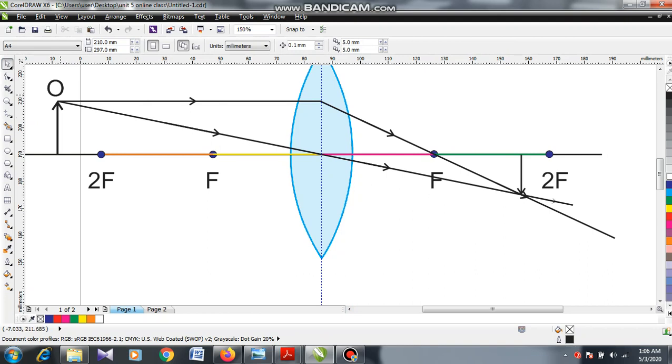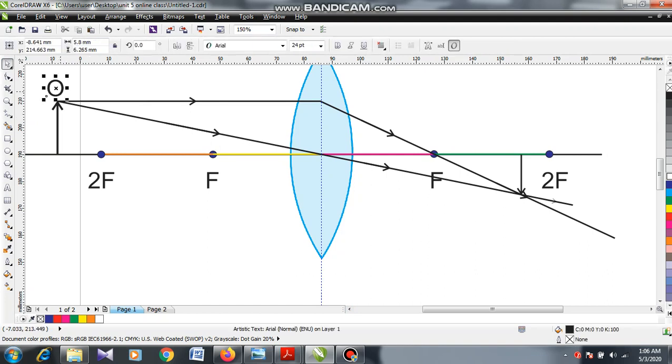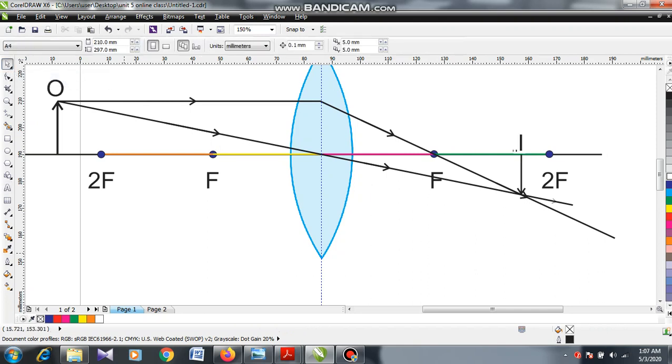So I am going to mark the image as capital I. The object is capital O, the image is capital I. So the image is ready.